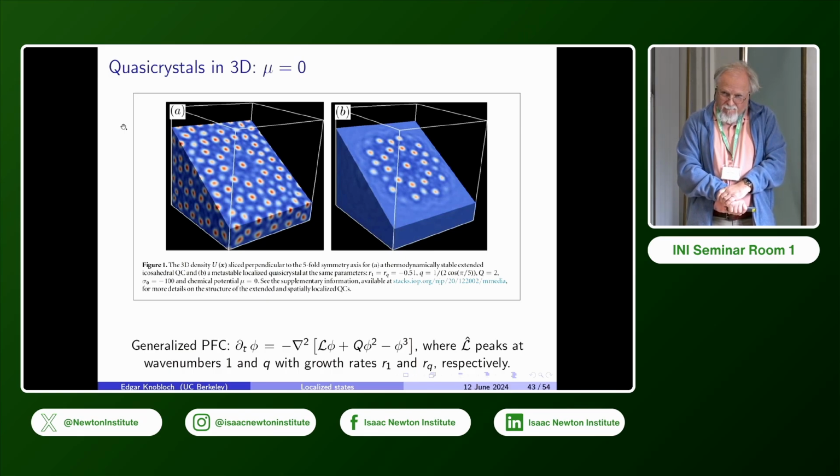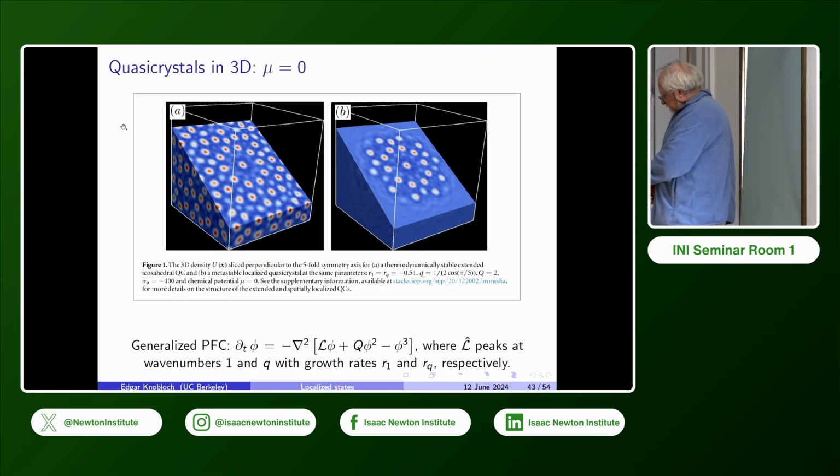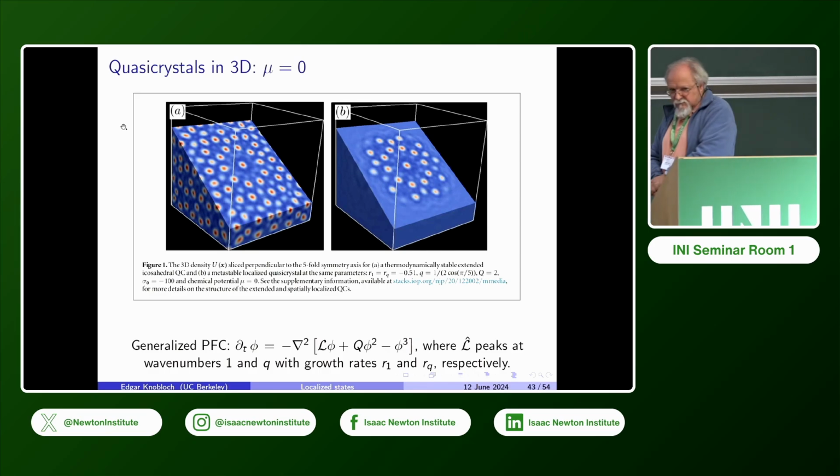The idea being not that you need two competing lengths, but if you have wave vectors in 2 dimensions at 72 degrees to each other, then the sum of those wave vectors is incommensurate with them. So you can get competing, incommensurate lengths purely by condensing onto the same shell of wave vectors, and not having 2. You never see that?